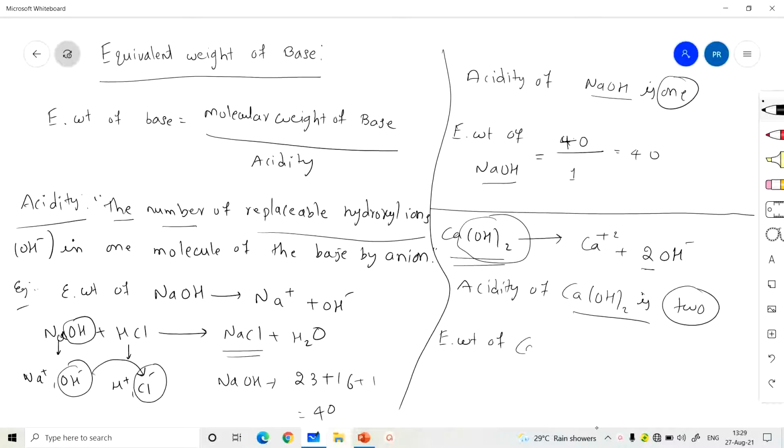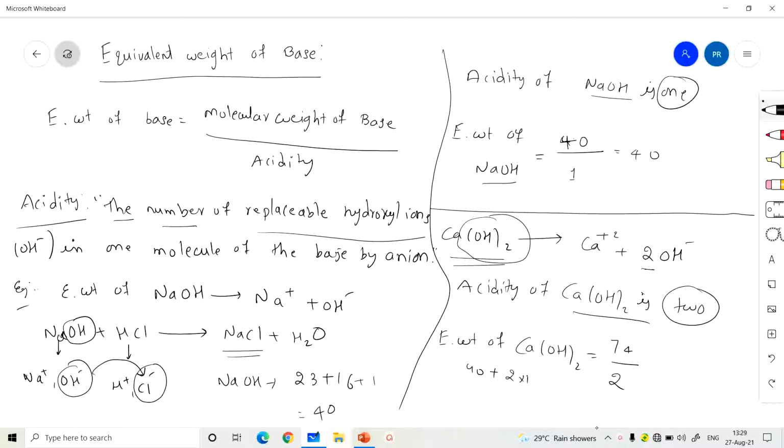Hence the equivalent weight of calcium hydroxide is equal to the molecular weight of calcium hydroxide, 74, divided by 2.